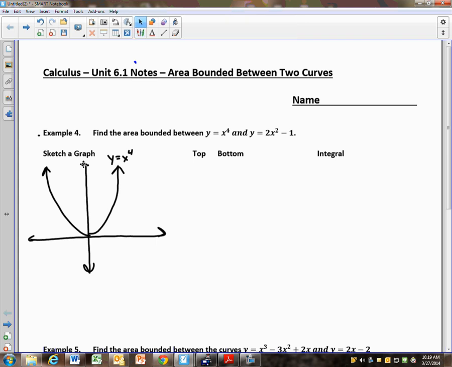And then we've got y equals 2x squared minus 1. What does that look like? Parabola up, shifted down 1 unit. Who knows, right? Well, does it intersect?